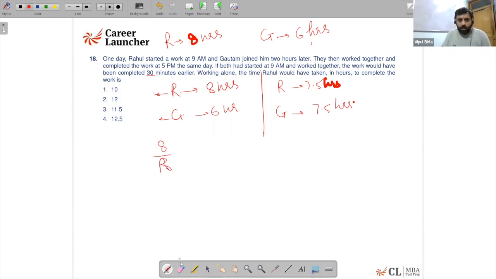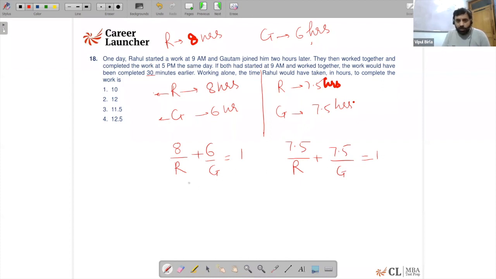In 1 hour Rahul will do 1 by R, so in 8 hours Rahul will do 8 by R. Gautam will do 6 by G and the work is finished. In the fractional approach, we assume total work to be 1, so 8/R + 6/G = 1. The second instance is 7.5/R + 7.5/G, which also equals 1. That means the work is completed.